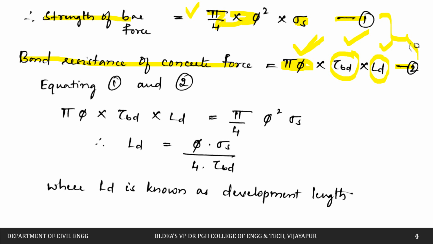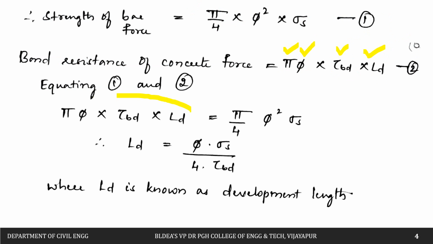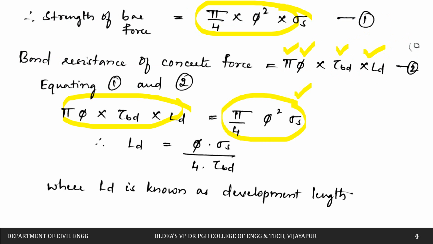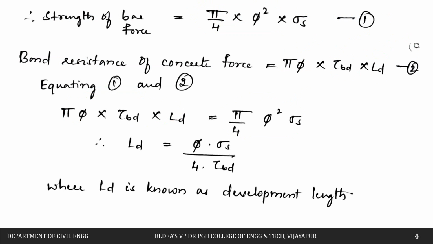If you equate both these, equating equation 1 and 2, that is pi into phi into tau bd into Ld, we equate it to equation number 1, that is pi by 4 into phi square into sigma s. Our aim is to calculate this Ld, so we can bring terms to this side.